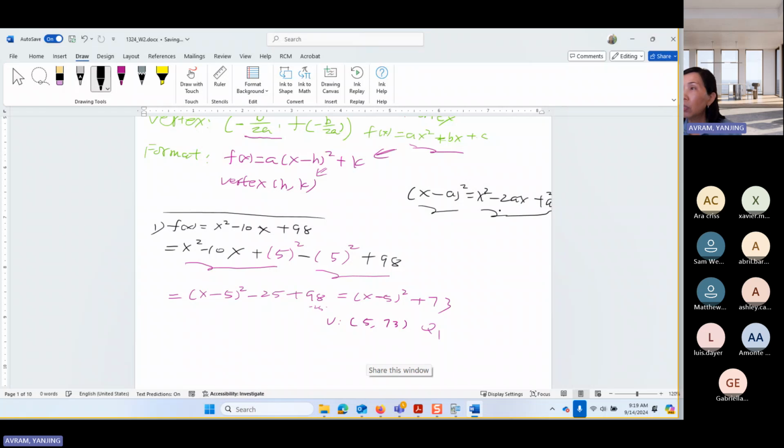That's why when we try to add the middle one, we add half of 10, okay, and then square. So that way you will find the a. Okay, so this will be your a in here. All right. Any questions about this one?